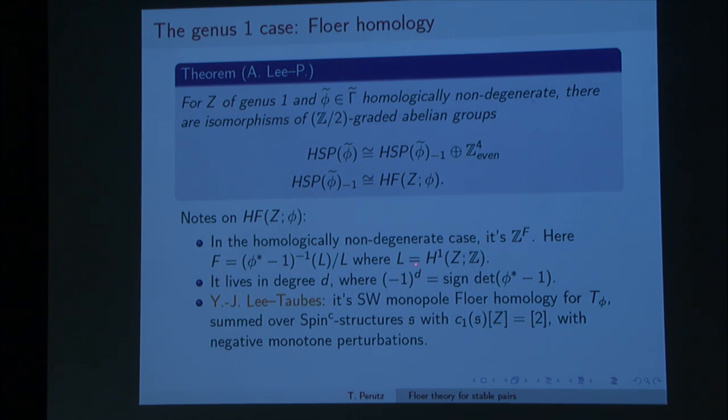You take the integer lattice H1 of Z with integer coefficients, and you look at the pre-image of phi star minus 1 of that lattice modulo that lattice. Okay, so it's easy to calculate. It lives in just one parity, which is given by the sign of the determinant of this one. And according to Yi-Jen Lee and Taubes, it's isomorphic to a summand in the Seiberg-Witten monopole Floer homology for the mapping torus.